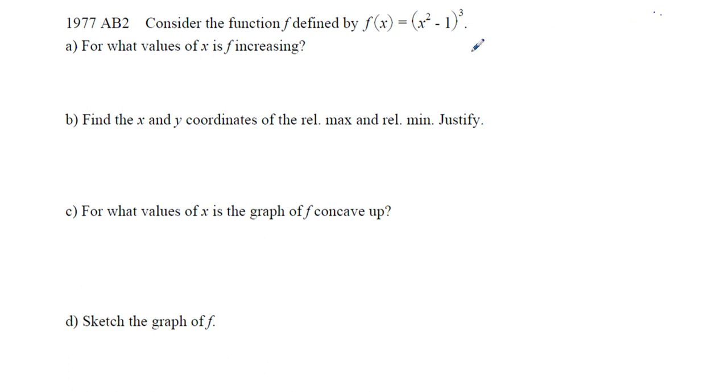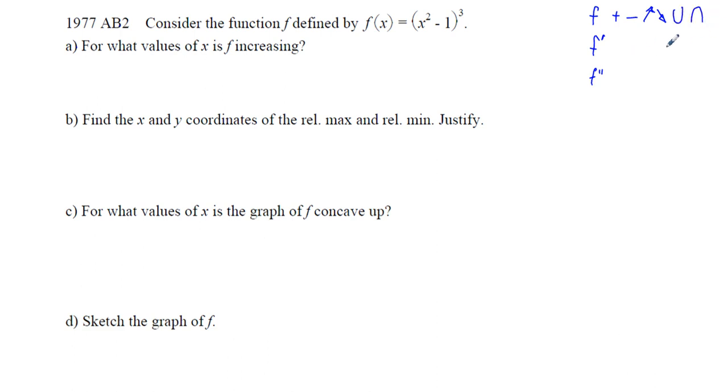The first thing we're going to do is unveil our analysis tools that we've looked at so far. This one here is the relationship between f, f prime, and f double prime. We have plus, minus, up arrow, down arrow, and then concave up, concave down.